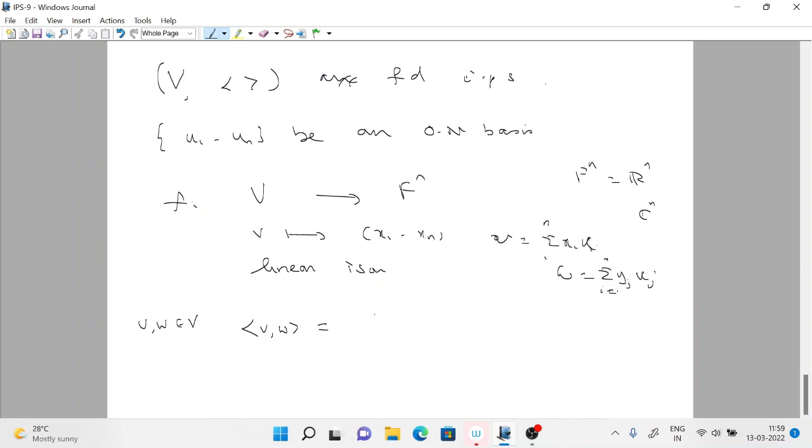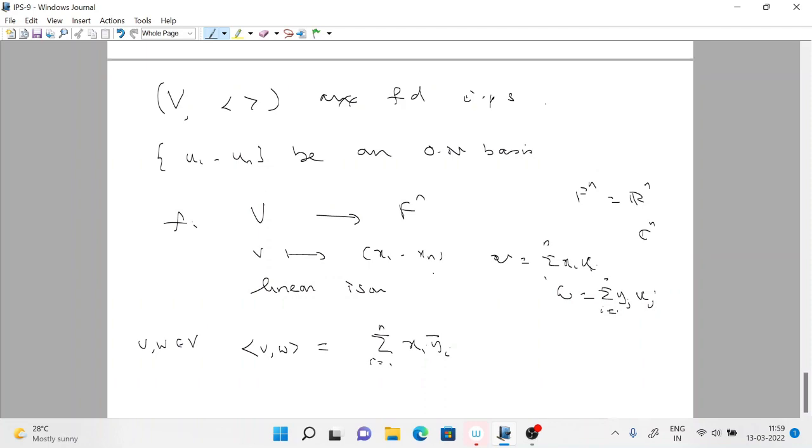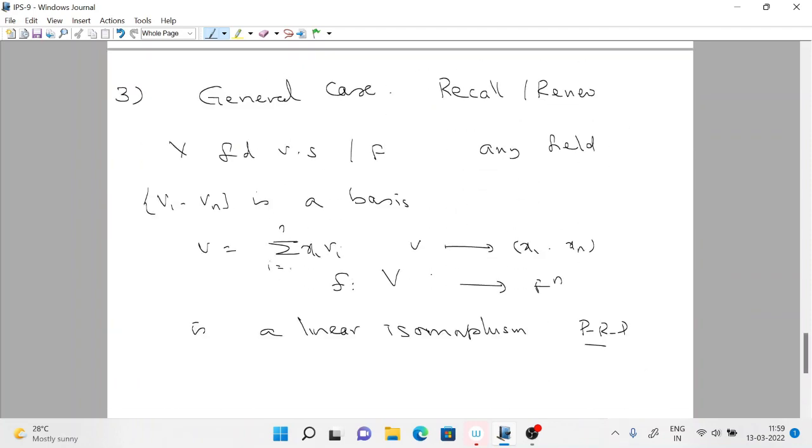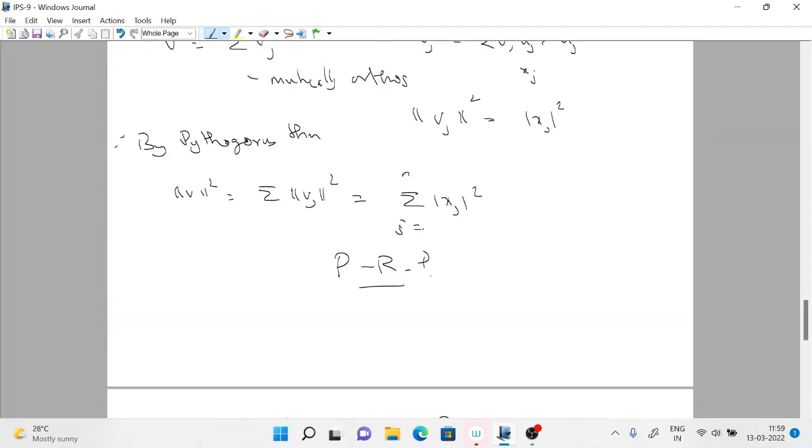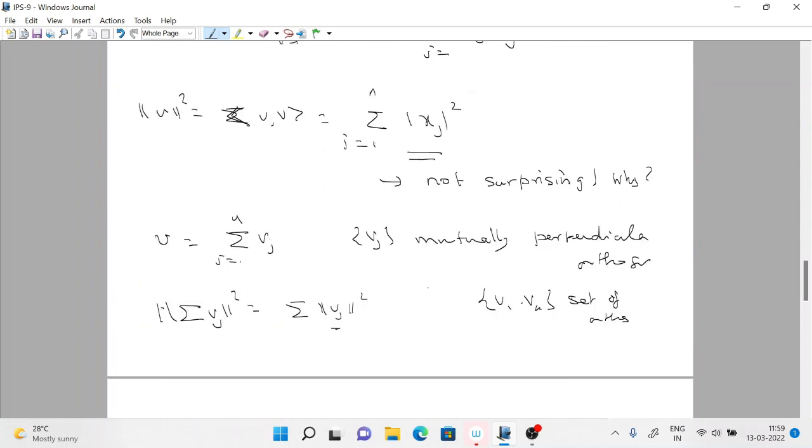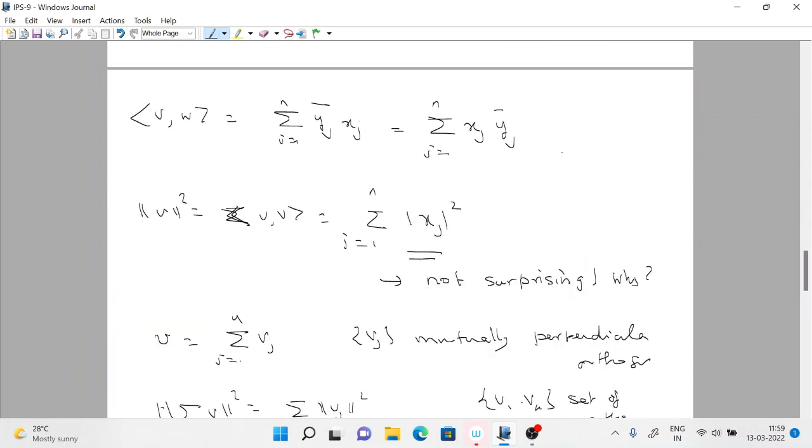We know this is nothing other than the summation of xi yi bar. This we already saw, right? This is what we saw in the third thing. You see this? That is what I am using. Maybe I should highlight it, so that it will be easier for you.